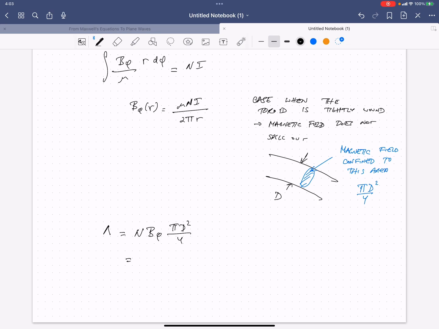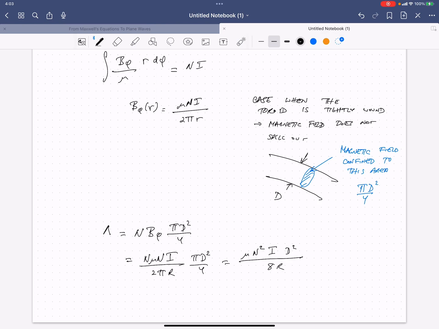This equals N mu N i over 2 pi r times pi d squared over 4, and that's equal to mu n squared i d squared over 8r.